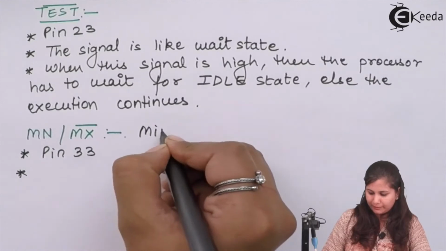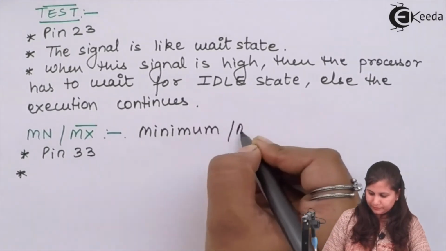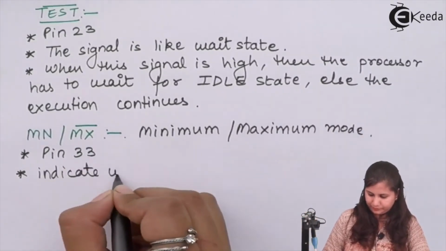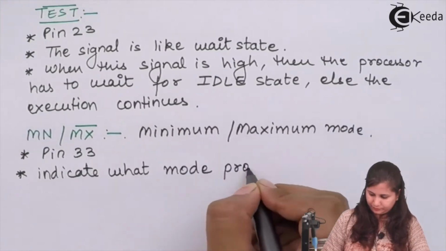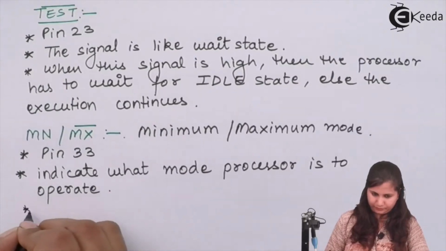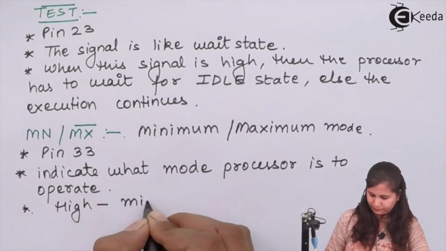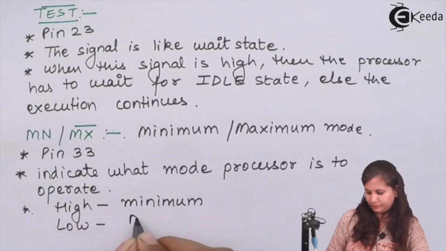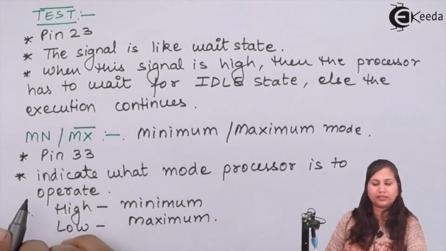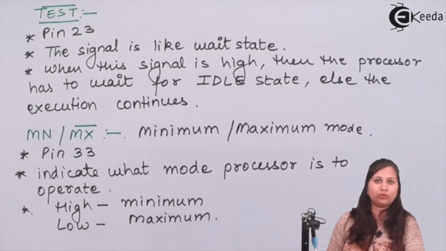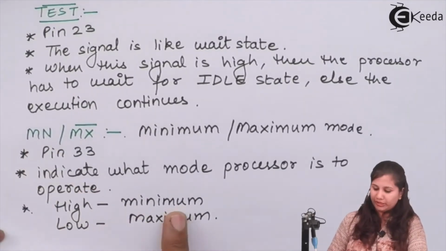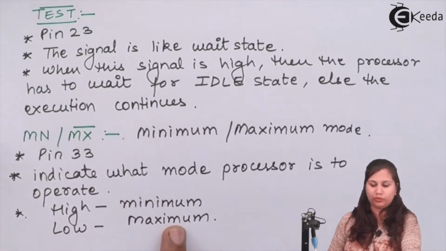This is the minimum maximum mode signal, which indicates in which mode the processor is operating. When this is high, it means minimum mode, and when it is low, it means maximum mode.